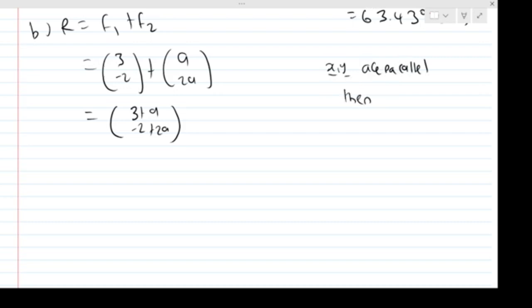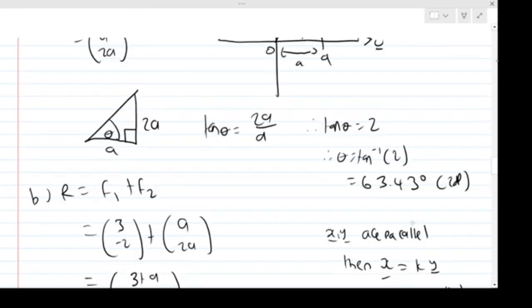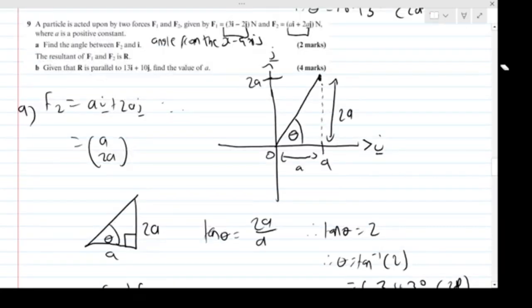So one vector x is a multiple of y, because this multiple k represents that they're multiples of each other. So k is a multiple. Now we're told that this r is parallel to this vector 13i and 10j.